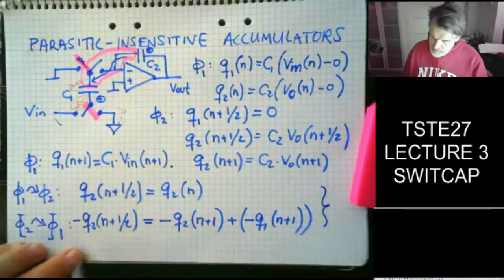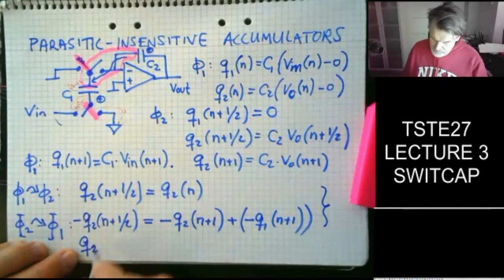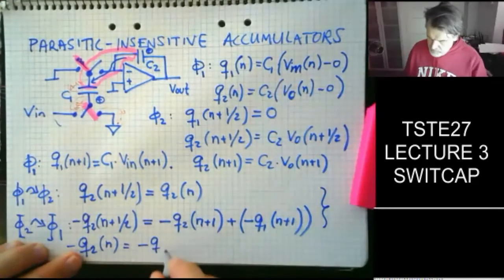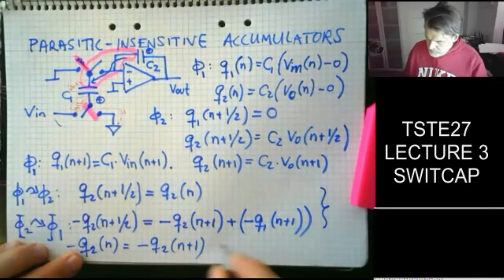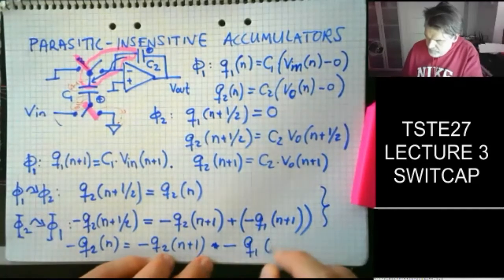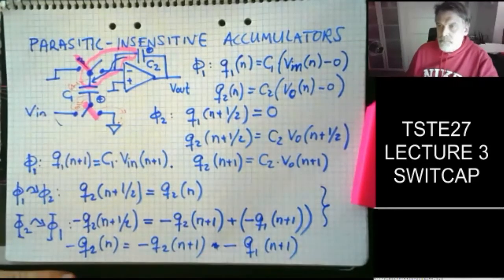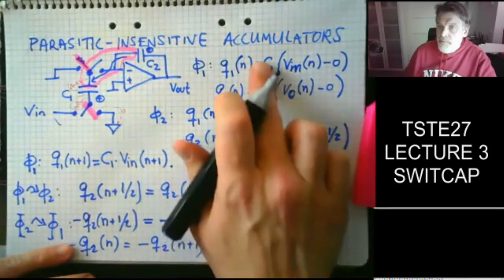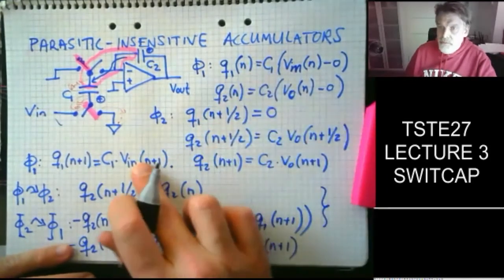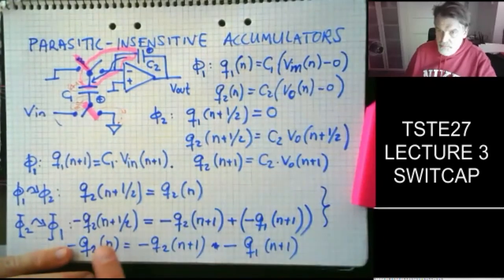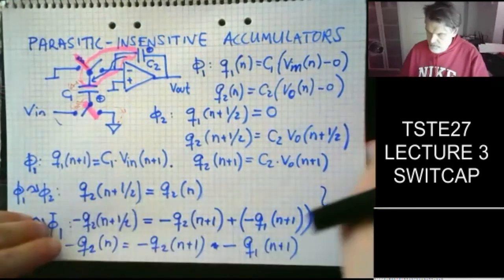So we can immediately combine these two: Q2 of n minus is equal to minus Q2 of n plus 1 plus minus directly Q1 of n plus 1. And then we have these three equations that help us to identify voltages and capacitors and put them into this equation. So let's wrap that up.